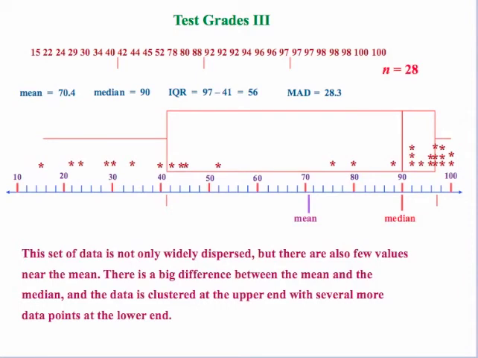So again, a little bit different data set here. And the telltale values are again the interquartile range and the mean absolute deviation. Those are very high values relative to the values of your data points. So the box plot and the dot plot also really help here to get a better handle on what the data looks like.